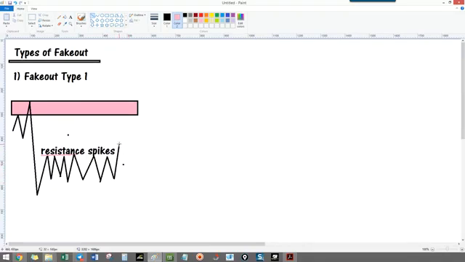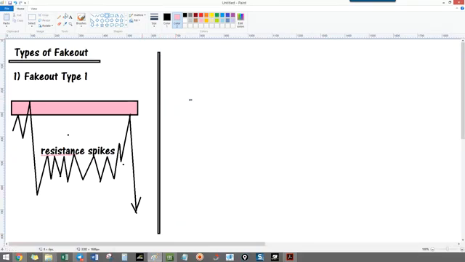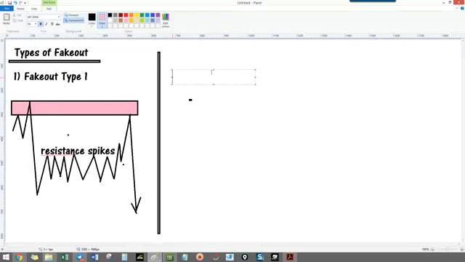Then it does something like this, maybe retests a little, and then boom, like that, and then drops down. So this is the resistance spike. This is fake out type 1. And then price can also do the second type. Number 2, fake out type 2.